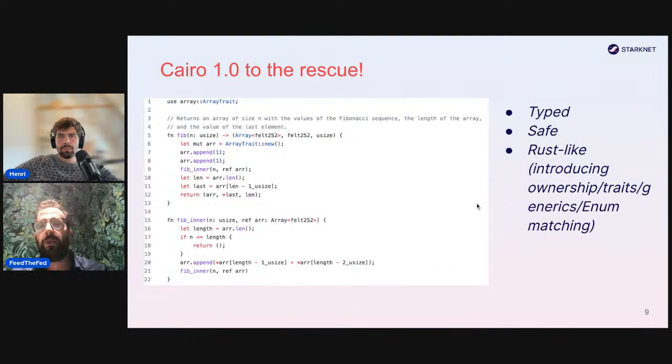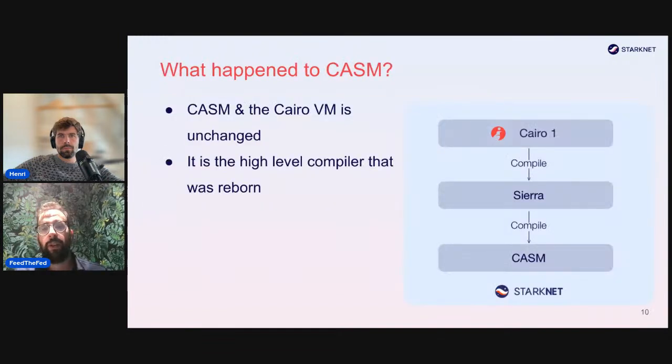But the topic of this talk isn't really Cairo 1 and the benefit it brings, but a safety property that it brings to Starknet via an intermediate layer between Cairo 1 and Cairo assembly. So just to make the picture more clear, the Cairo VM and Cairo assembly over here at the bottom level did not go anywhere.